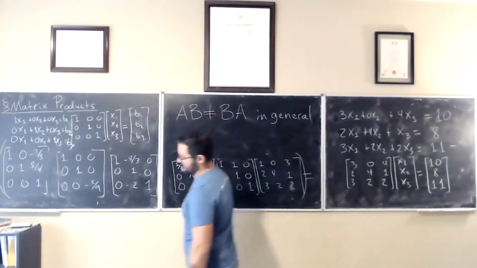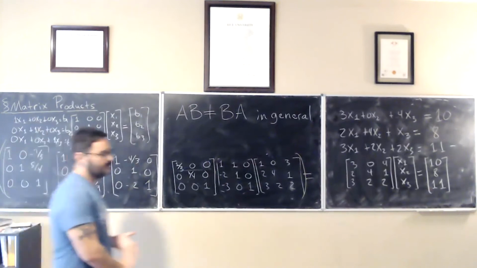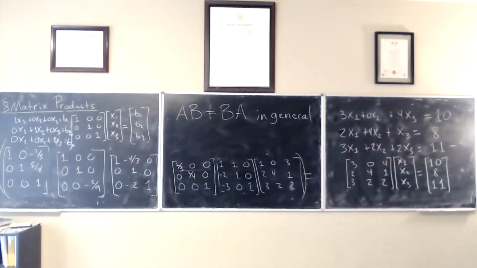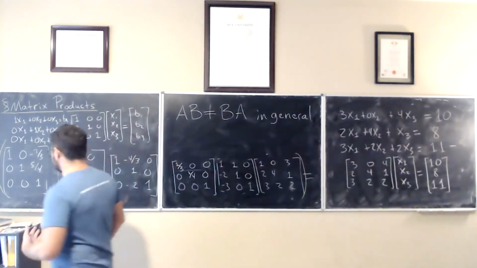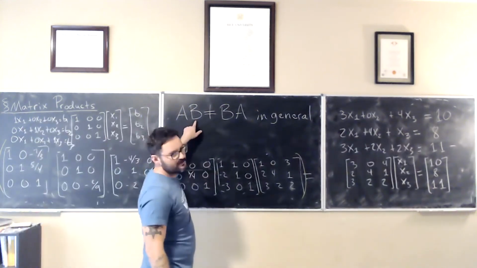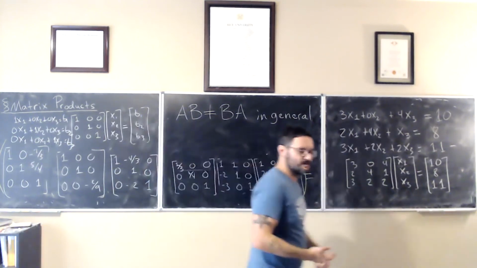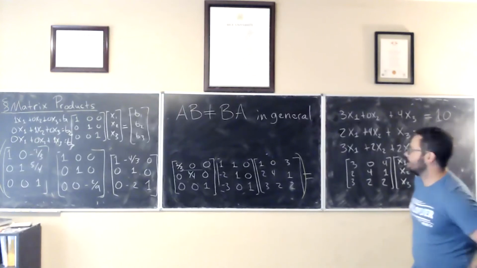It does not satisfy that property that you're very used to seeing. That's just something I forgot to mention, but it should be clear. In fact, sometimes you can multiply A times B, but it's not even defined to multiply B times A, right?